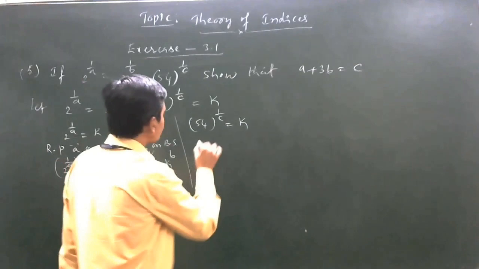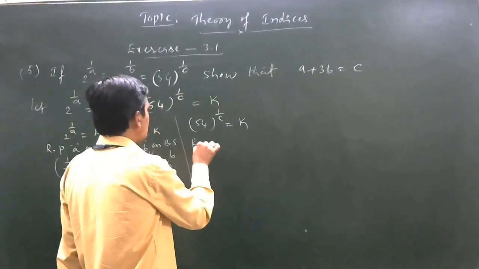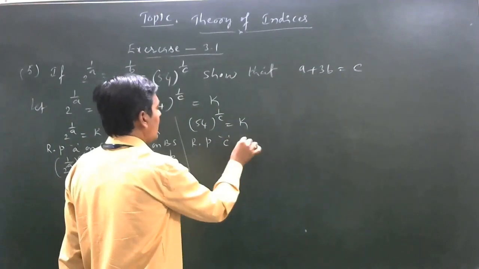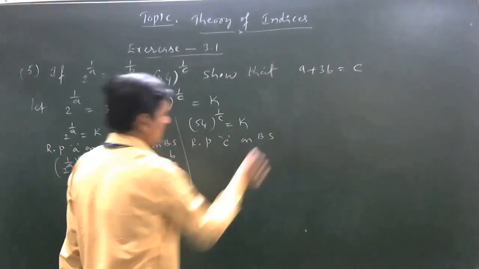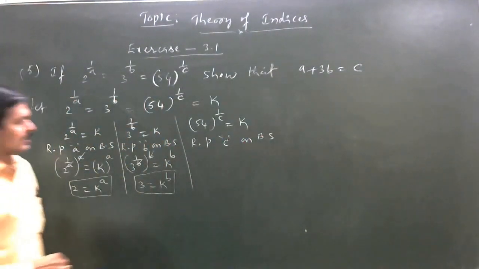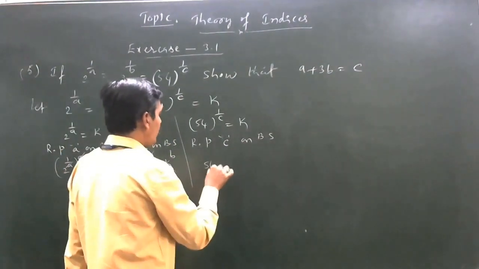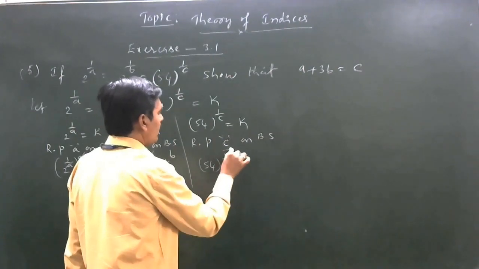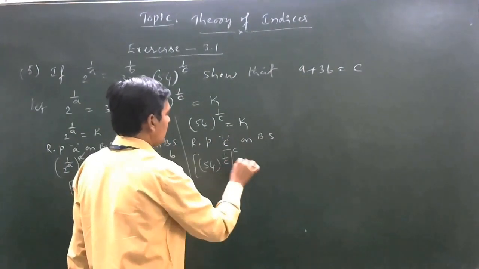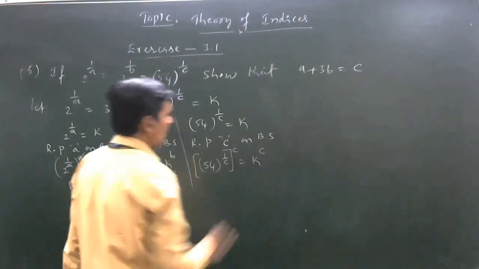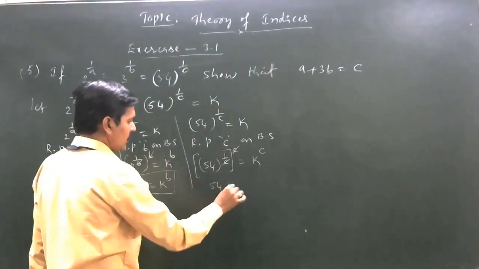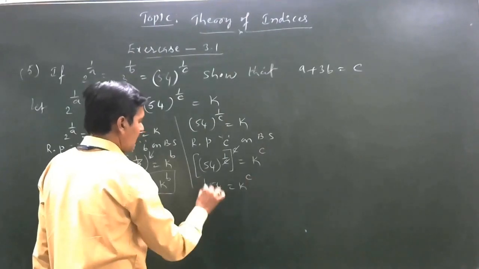Next, raising to the power c on both sides, 54 whole to the power of 1 by c and whole power c is equal to k power c. Here c gets cancelled. 54 is equal to k power c.